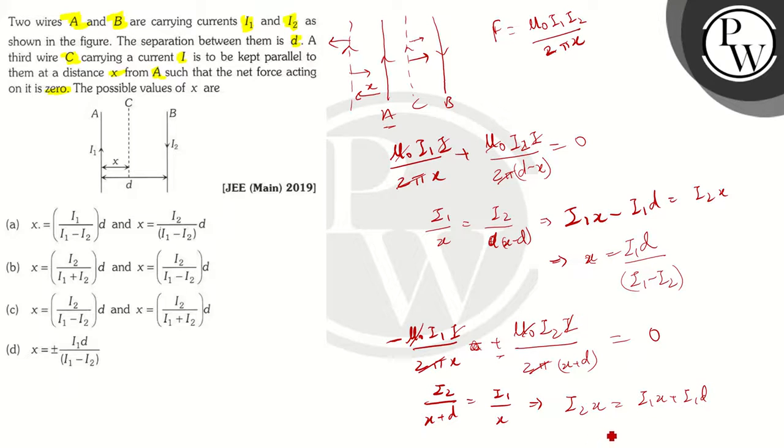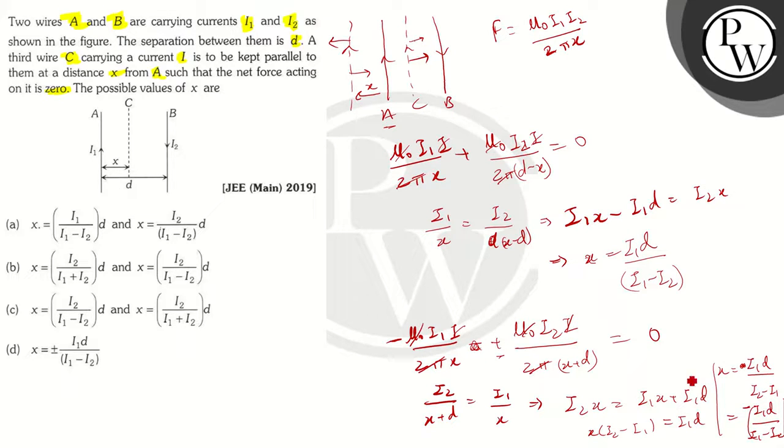Let's take the x terms to one side, so we will get x times (I2 minus I1) is going to be equal to I1d. तो इसको जब हम सॉल्व करते हैं we will get the value of x as I1d divided by (I2 minus I1). ठीक है, तो हमारा जो I2 minus I1 है सॉरी उसको हम नेगेटिव कर लेते हैं. So we will get minus of I1d divided by I1 minus I2.